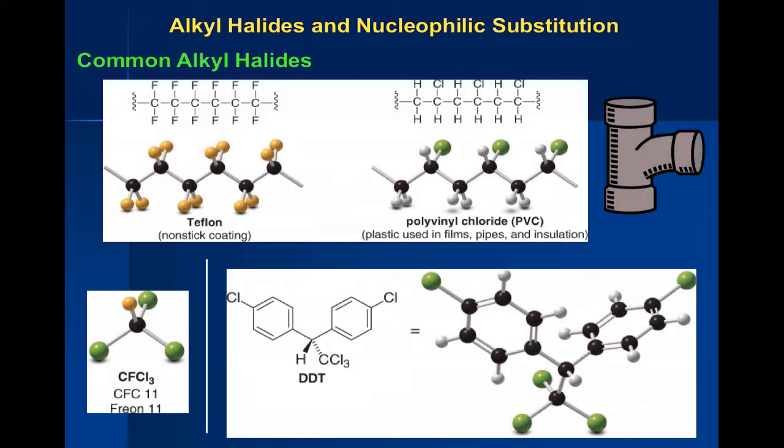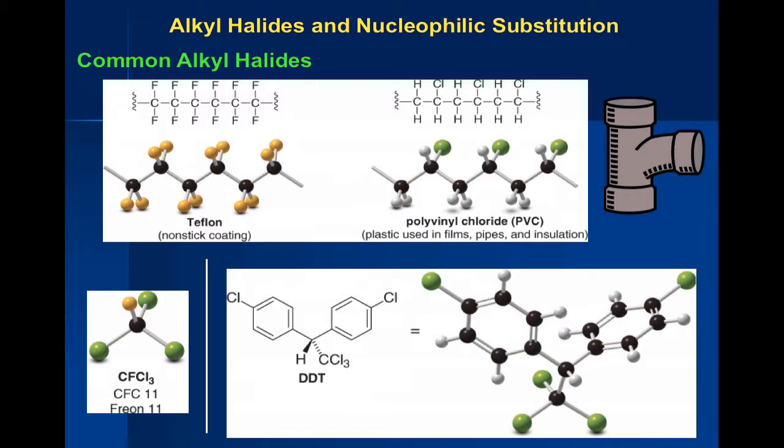How would you name this systematically? I mean, Freon 11, how do you know it's Freon 11? Where does the 11 come from? I don't know. But how would you name that? Chlorotrifluoro? Do we have to put numbers on there?